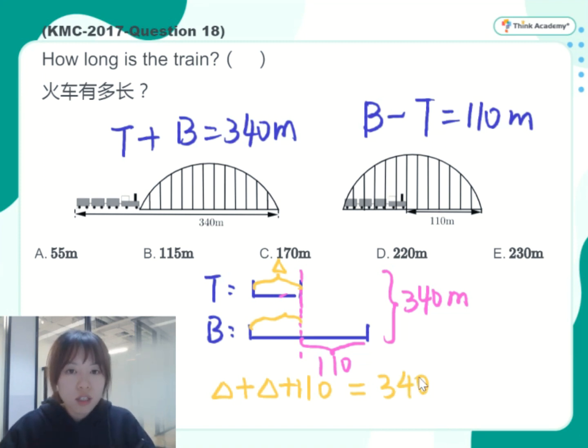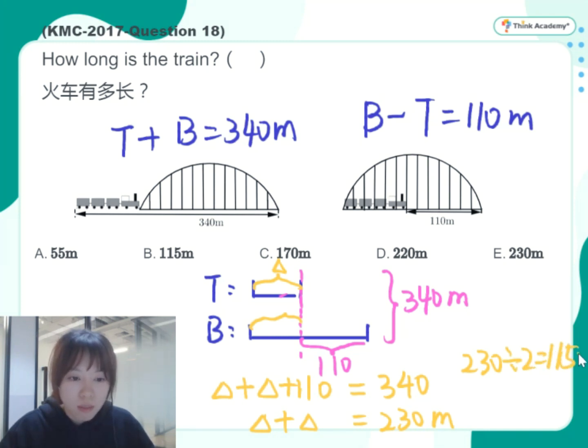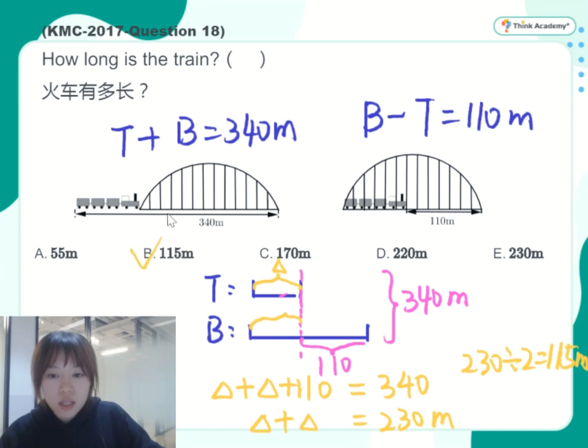Now, could you solve this working? Yeah, so it's triangle plus triangle equals 340 minus 110, so 230 meters. Now do you know for one triangle, directly divide by 2, easy, 115 meters. So the answer is B.